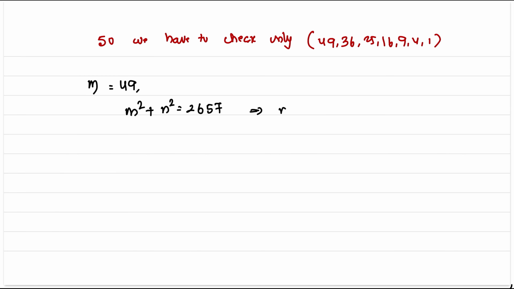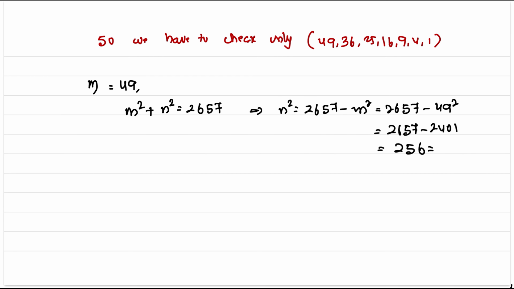That implies n square is equal to 2657 minus m square, that is 2657 minus 49 square. What is the value of 49 square? 2401. 2657 minus 2401, what is its value? 256. 256 is 16 square.